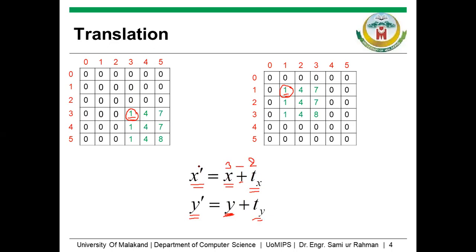So the new position is 1. Similarly, we can compute the value for y, where the new value is 1 and the previous value is 3 plus ty. Again, it can be plus or minus.